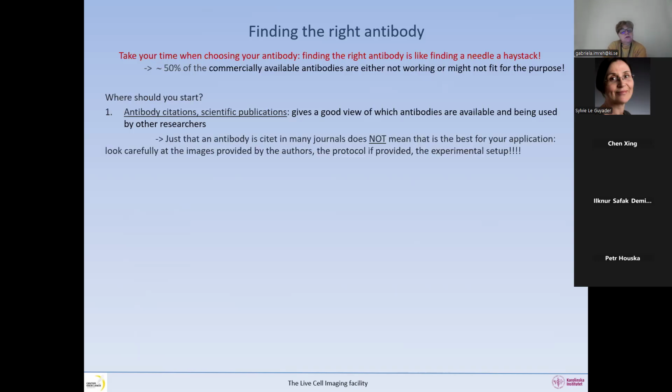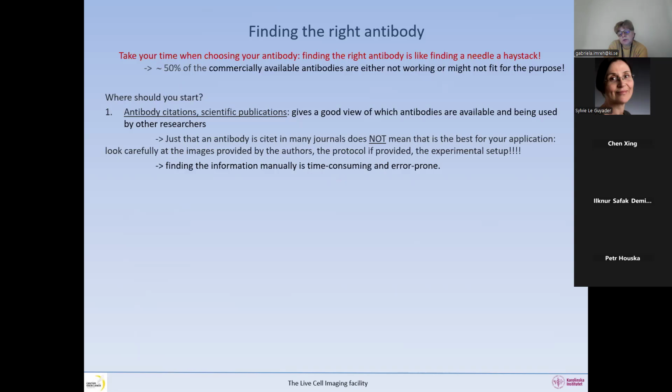But unfortunately, the fact that an antibody has been cited in many journals does not necessarily mean that it is the best one for your application, and that it was carefully used in the experiment. For example, that enough controls were performed, and that the images they provide correctly show or include all the controls and data.